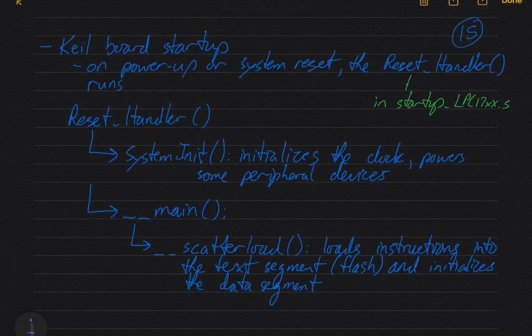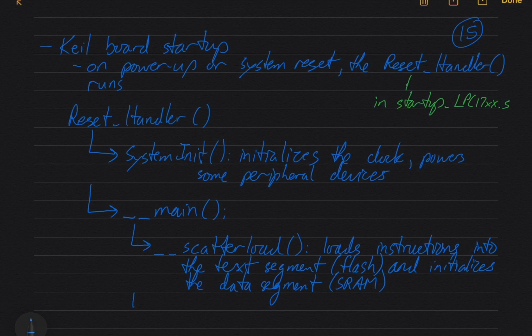And for us, that's located in the static RAM. So that's the memory that we can read and write as we're running. So that's where we need our global data, and our heap and our stack will also be located in SRAM.